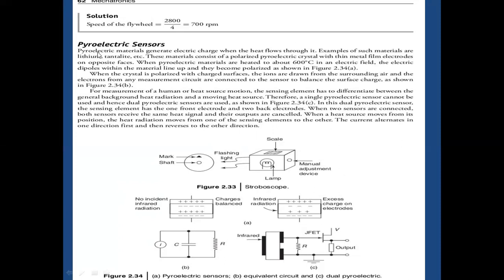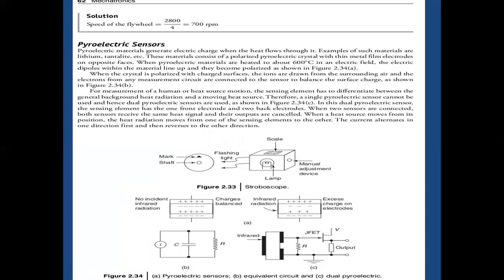In the case of pyroelectric sensors, pyroelectric materials generate electrical charge when heat flows through them. Whenever we supply a heat source to a particular material, called a pyroelectric material, it is capable of generating electrical charge itself.